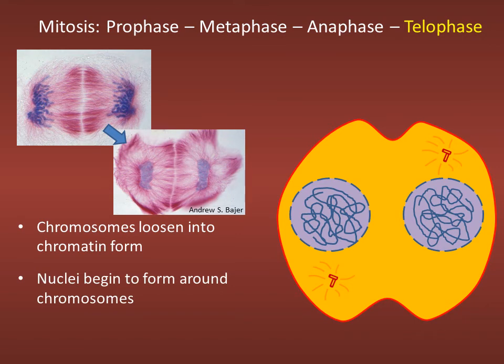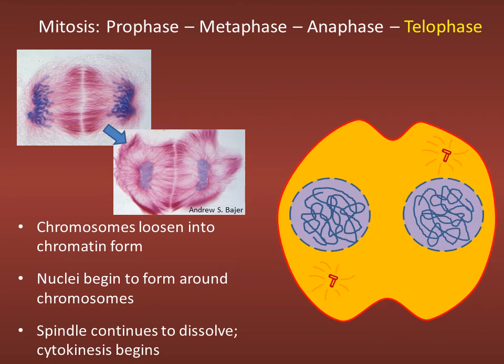The nuclei will begin to form around each of those chromosomes. That's hard to visualize here, but there is starting to become a nuclear envelope around those chromosomes. And of course I've designated that with this dotted line representing the nuclear envelope. Also the spindle will continue to dissolve.